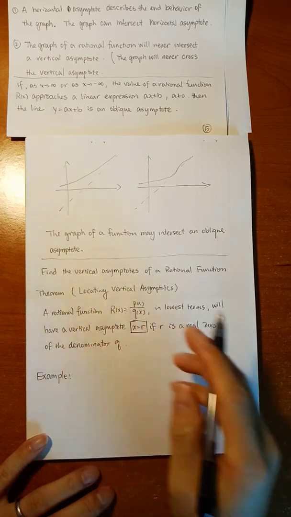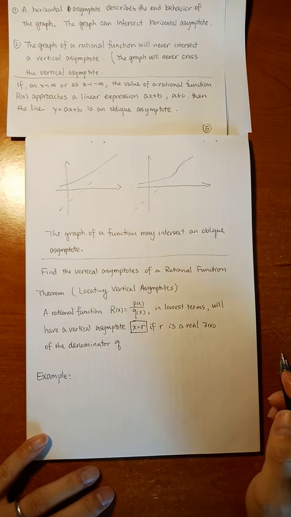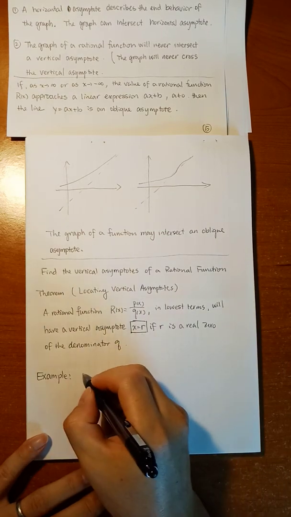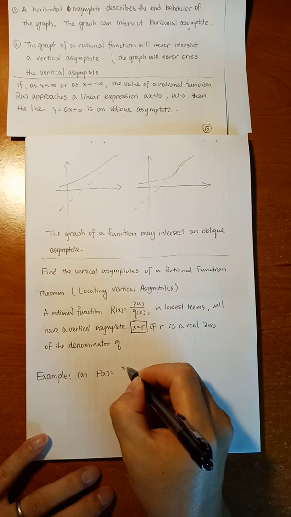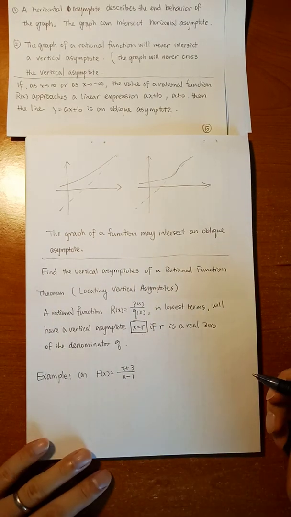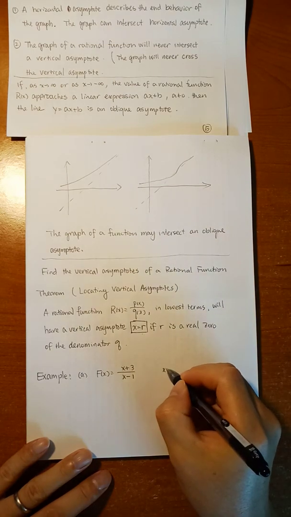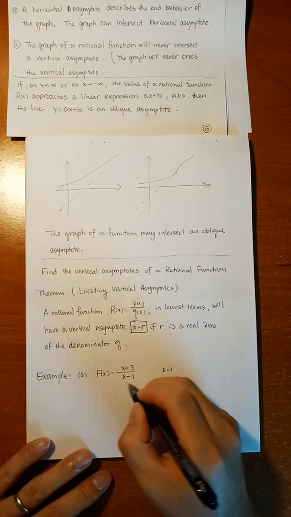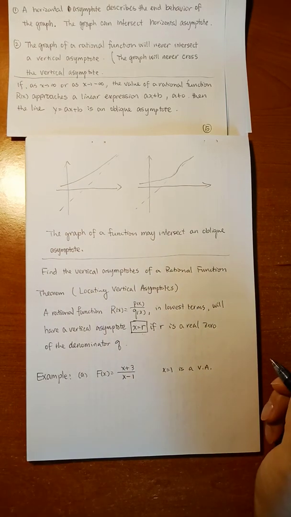Once we have such a theorem, the identification of vertical asymptote will be simple. First, if we have a rational function x plus 3 over x minus 1, then what is the vertical asymptote? x equal to 1. The zero of the denominator is a vertical asymptote.